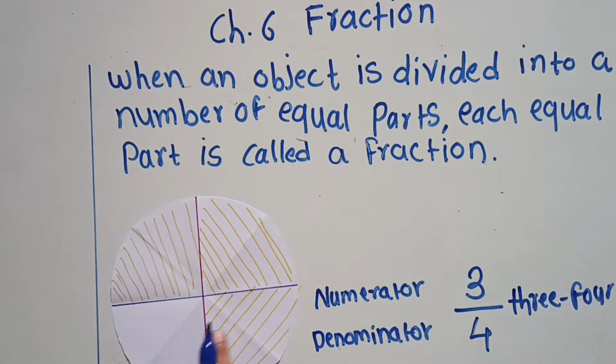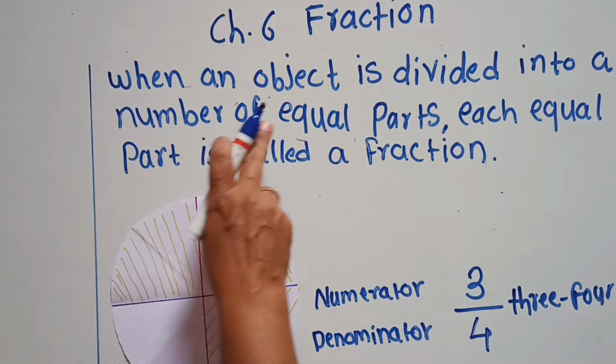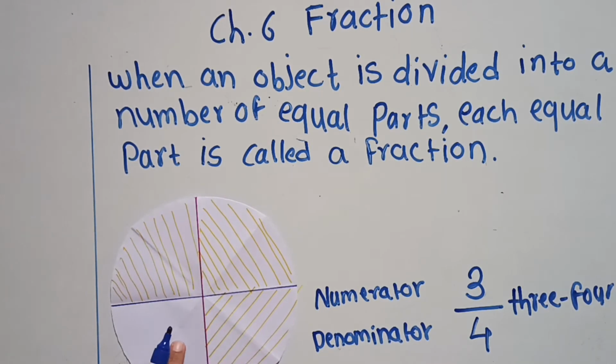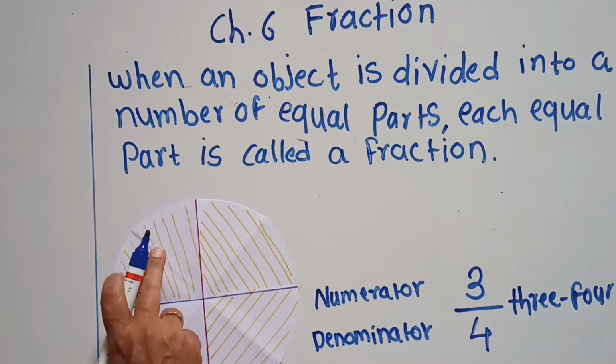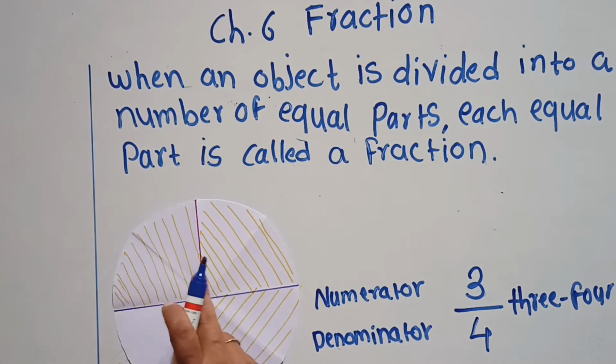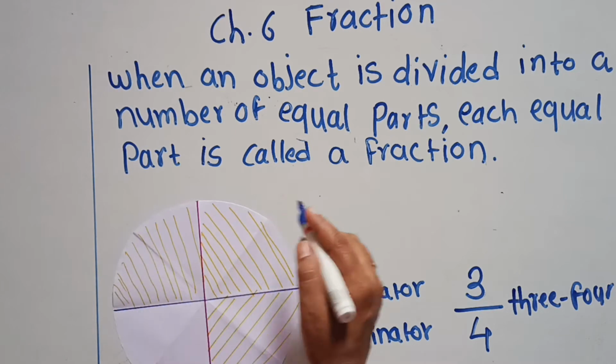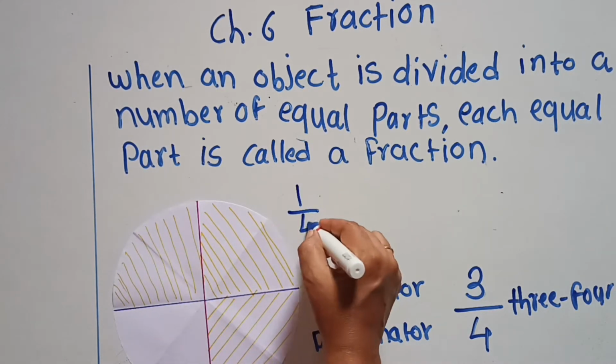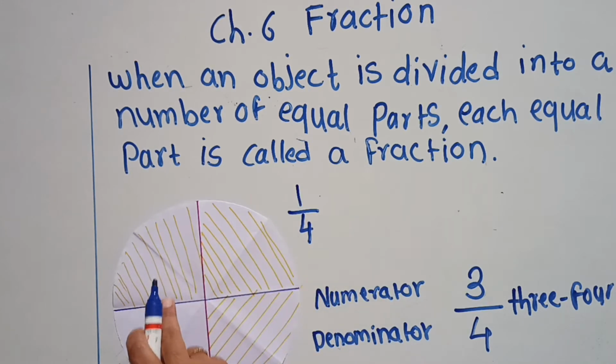This is the fraction. This circle is divided into a number of equal parts, and each part is called a fraction. If we take one part out of 4, we call it 1/4.